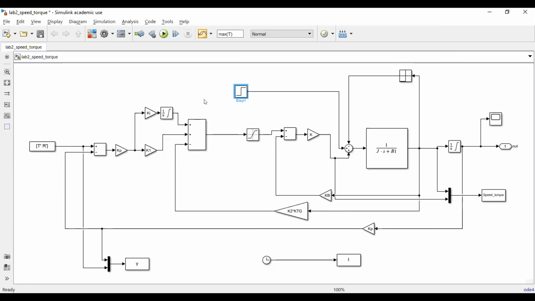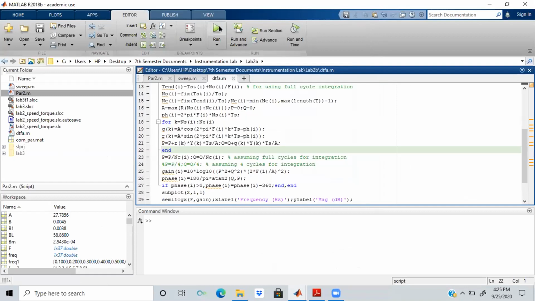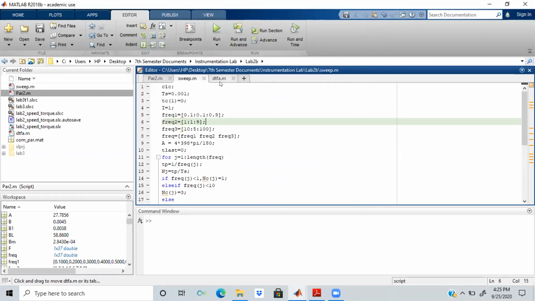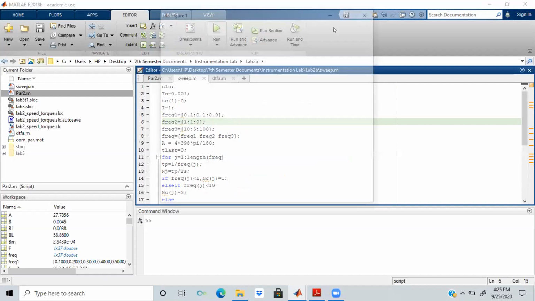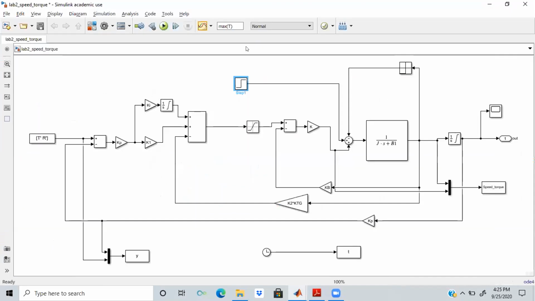Then you run it. Then DTFA file you take. C file you run it now. The sweep I ran. Yeah, C file you run it. Then you run the model file. Run it.